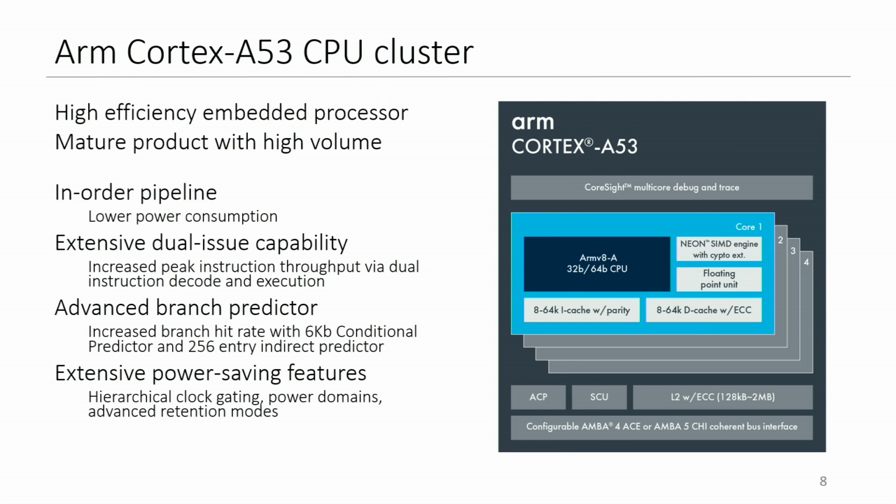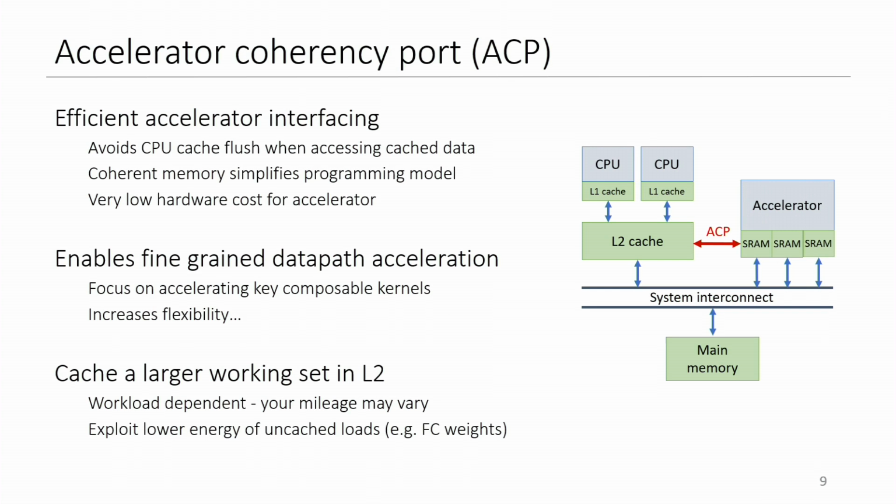And one of the features that's been in ARM A-class CPUs for a while is the Accelerator Coherency Port, or ACP. We actually use ACP in this design to connect accelerators. It's essentially a very efficient way to interface accelerators to the CPU so they can access memory coherently.